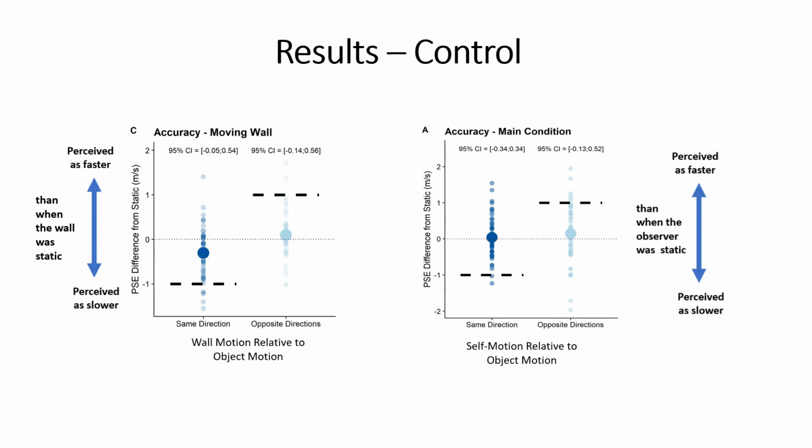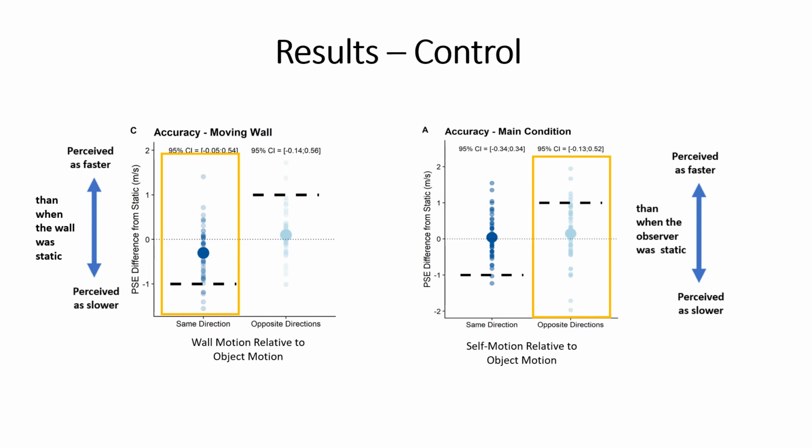When there is self-motion in the opposite direction of the target, the retinal image of the wall moves in the same direction as the target. So any bias we see here, where the wall moves in the same direction as the target, should transfer over here when self-motion and target motion go in opposite directions, and the other way around.